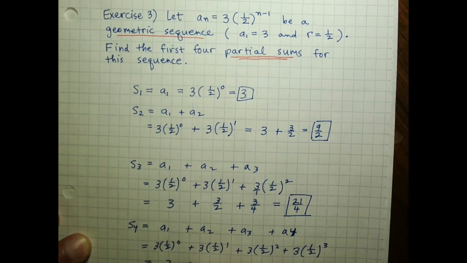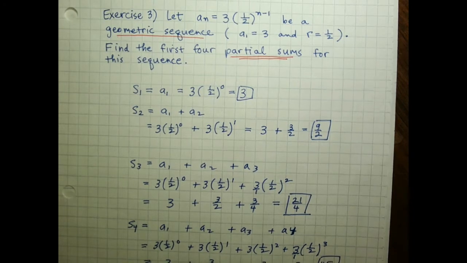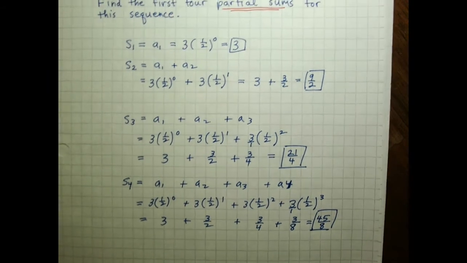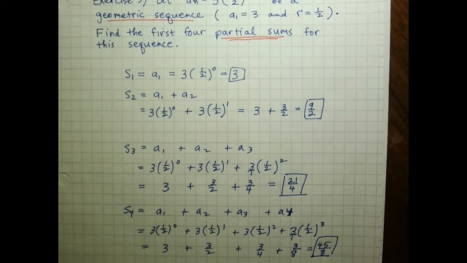So that's 3 plus 3/2 plus 3/4 plus 3 times 1/2 to the 3rd power, that's 1/8, right? So 3/8. Again, that's 3 over 1 times 1/8, or 3/8. And that adds up to 45/8. Check that ahead of time. And there are our first 4 partial sums for that sequence.